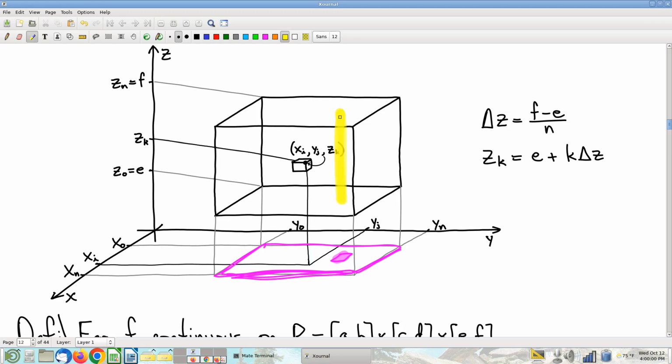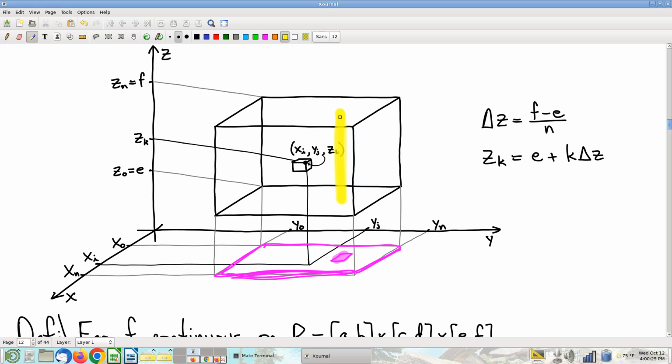Hard problem. The density's lower up here. The density's higher down here. I can't just multiply volume times mass per unit volume because the mass per unit volume is not constant. Not even close to constant. So this doesn't work. I cannot just slice up the shadow.